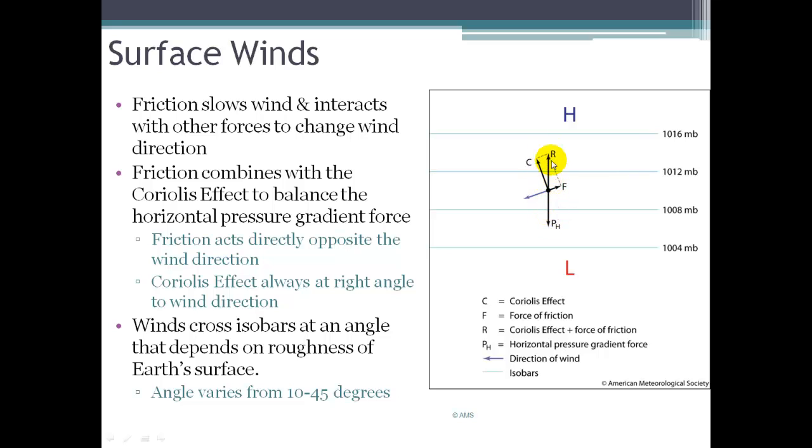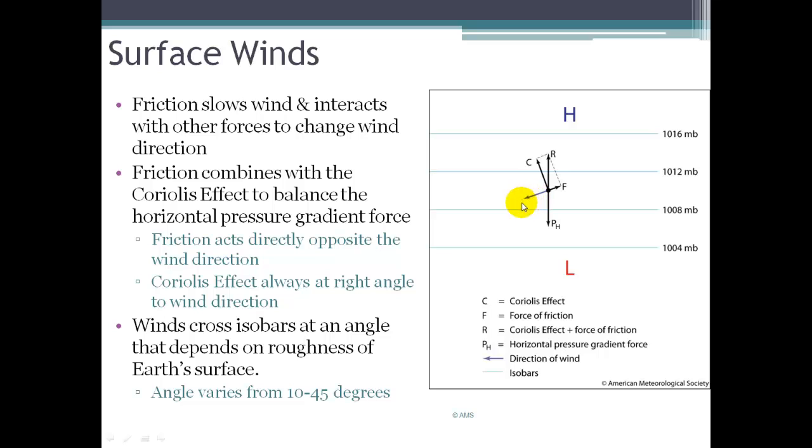And so when we combine these forces, the actual wind flow is not going to blow parallel to the isobars like it did higher up in the atmosphere with the geostrophic wind, but this time it's going to flow across the isobars in such a way that it's generally moving out of the high pressure system.